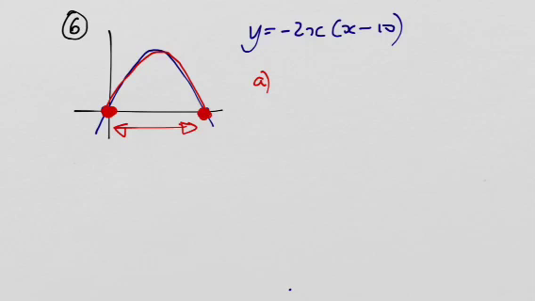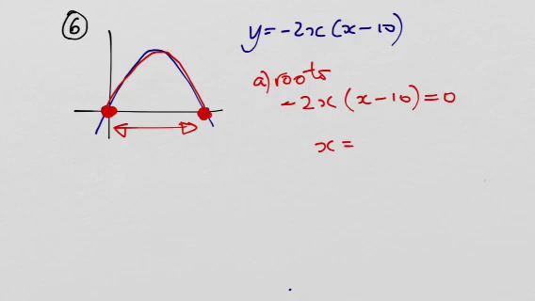That's the distance between the roots. So the first question is really asking a roots question. How do you work out the roots? You put the formula negative 2x bracket x minus 10 equal to 0 and you solve it to get 2 x numbers. Once you've got your 2 x numbers, that should tell you the distance, the time of the flight.